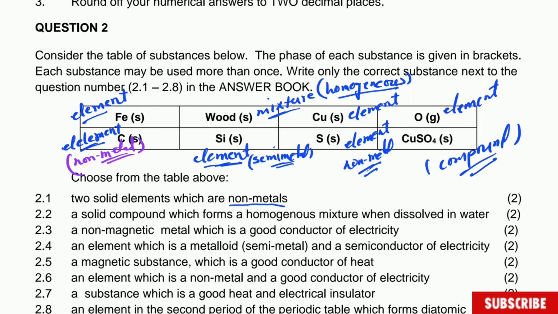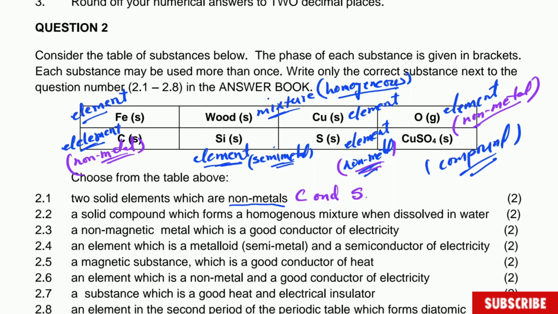Silicon is a semi-metal. Sulfur is the other non-metal. Oxygen is a non-metal, but it is not solid, and they want solid. So the answers will be C and S, carbon and sulfur.